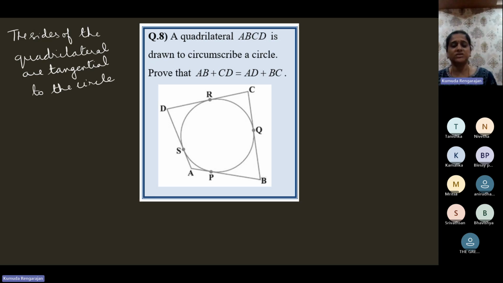Meaning, you can see that the sides act as tangents to the circle. See here, AB is a side of the quadrilateral, but it's a tangent to the circle at P. BC is a side of the quadrilateral, and it is a tangent to the circle at Q.